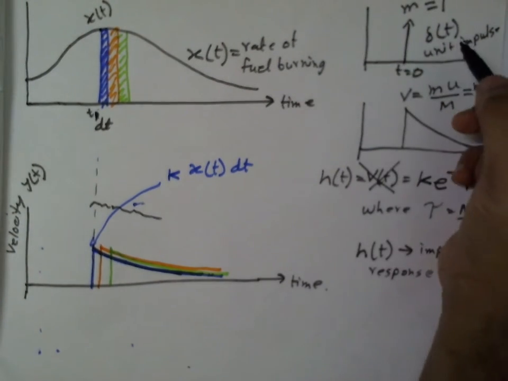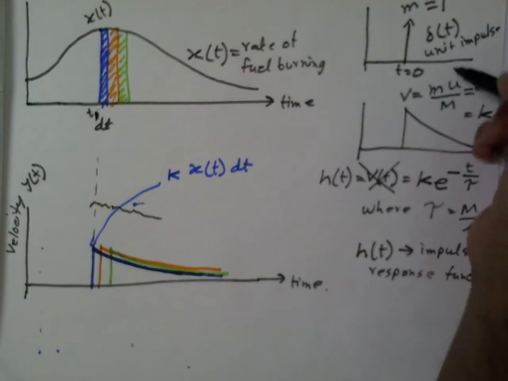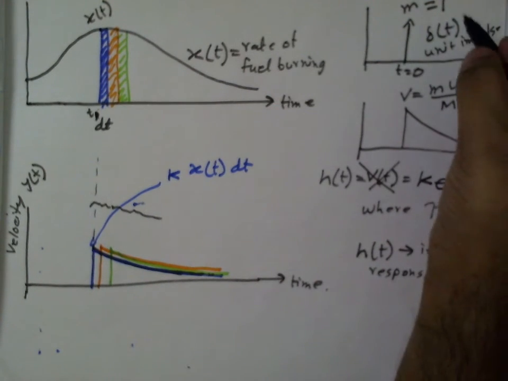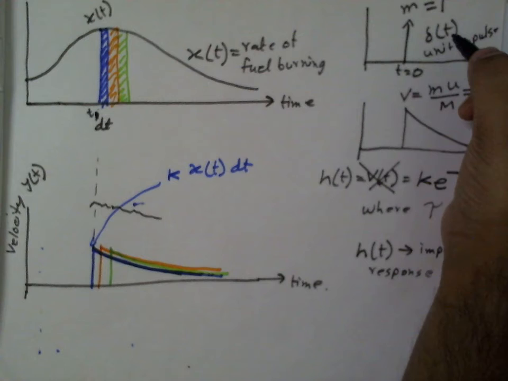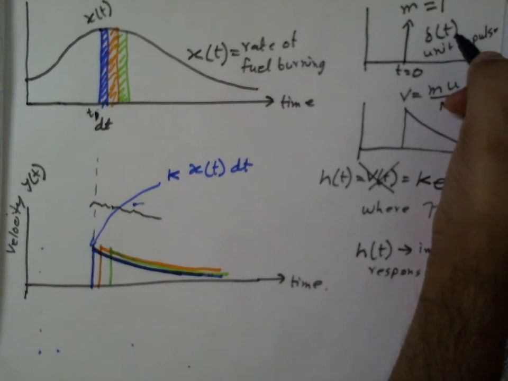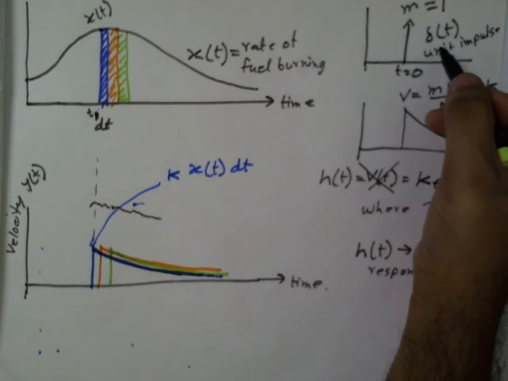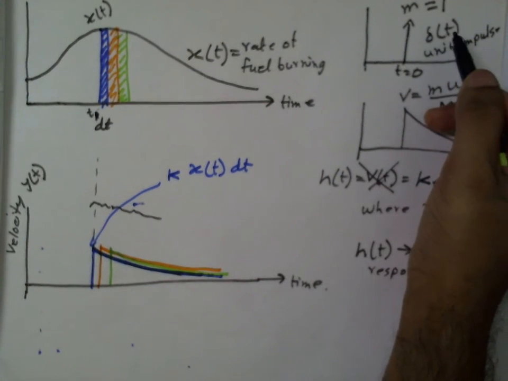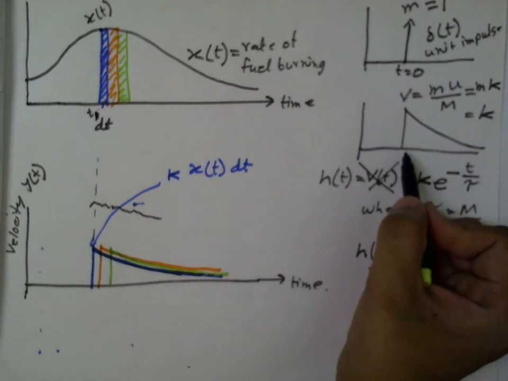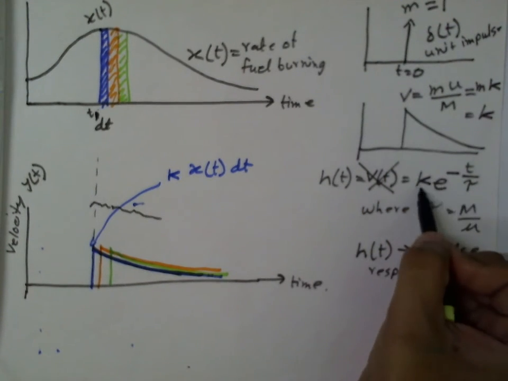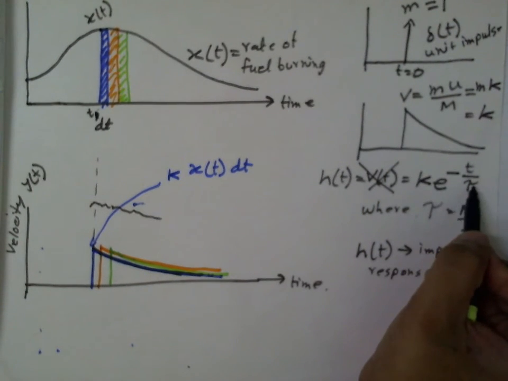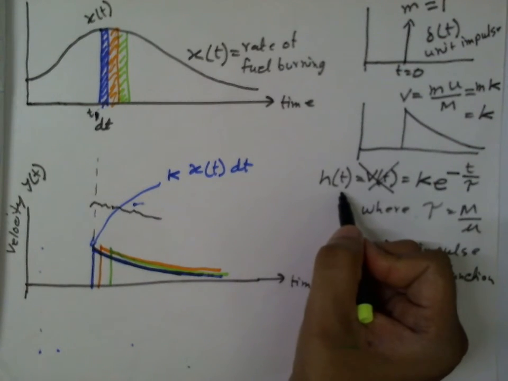So now we know from the physics of the rocket that we have discussed so far that if a unit impulse excitation is given at t equal to 0, that means if at t equal to 0 one kg of gas or fuel is burned, then the response function is this, k e to the power t, or in general h t, right?